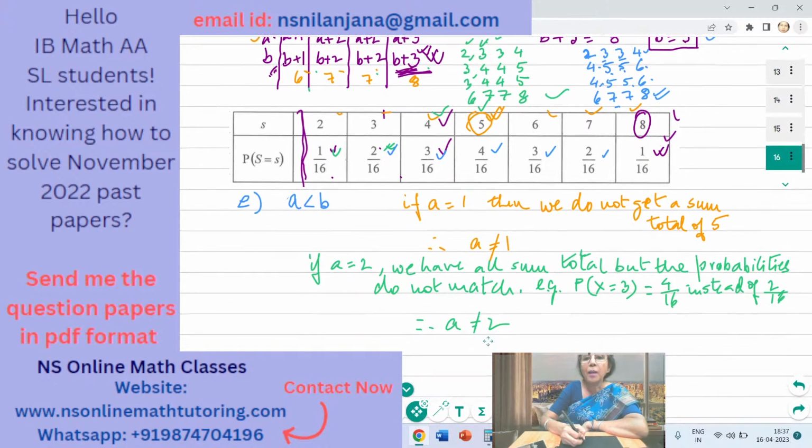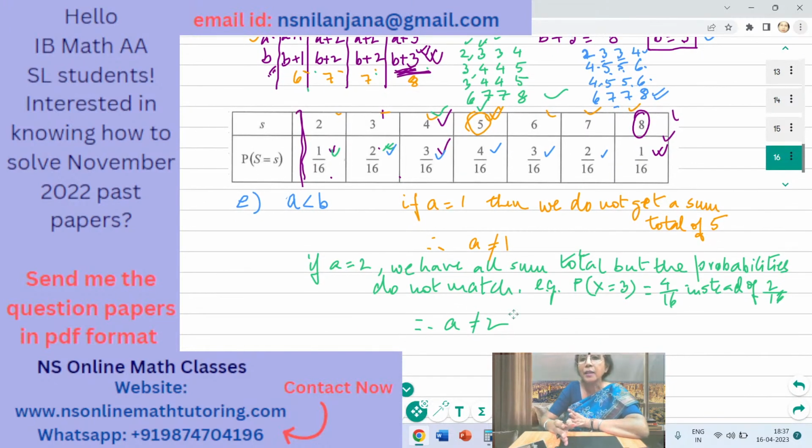See, all the probabilities are matching, and 3 is less than 5, A is less than B. So all the conditions given to us are getting satisfied, hence A is equal to 3. Okay.